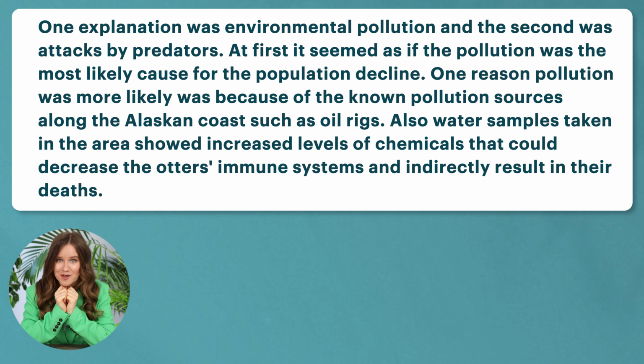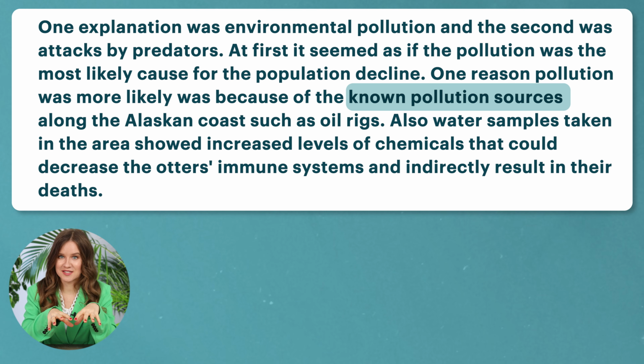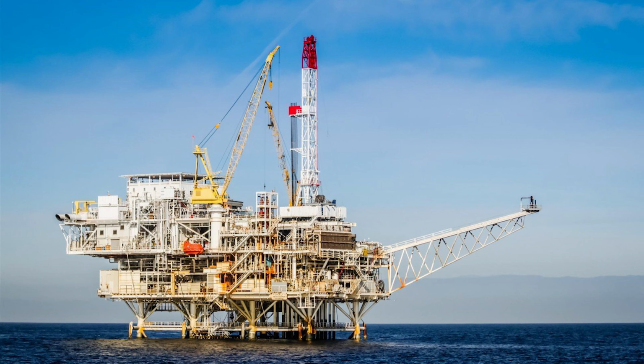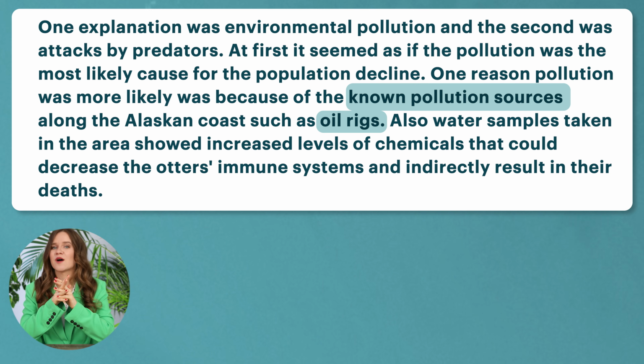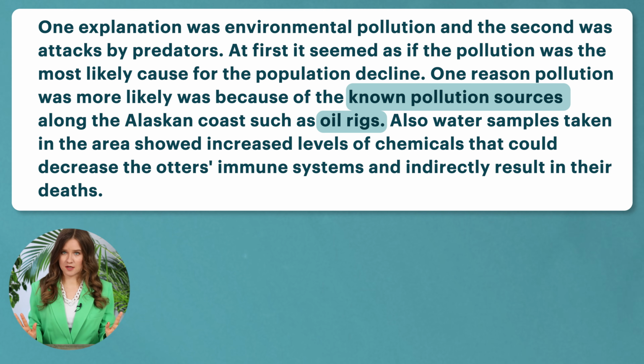In the first body paragraph, the fact is known pollution sources, such as oil rigs. This is actually the first reason why the author believes pollution caused the decline. Now, imagine you're someone who is completely unaware of the topic and hasn't read this text.